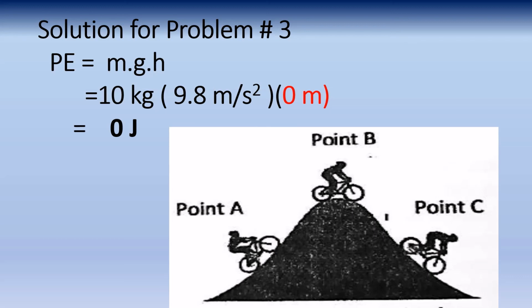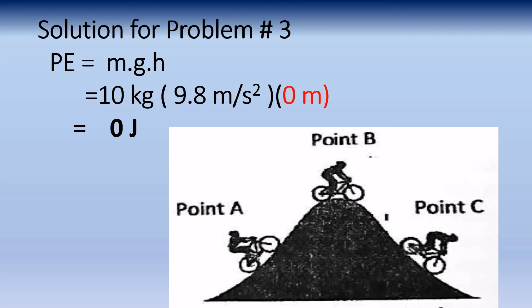But this is opposite with the kinetic energy. When this bike goes up, what happens to the kinetic energy? It will decrease. Why? Because the factor that affects the kinetic energy is the speed or velocity. When the bike goes up, the speed will decrease, so the kinetic energy will decrease.